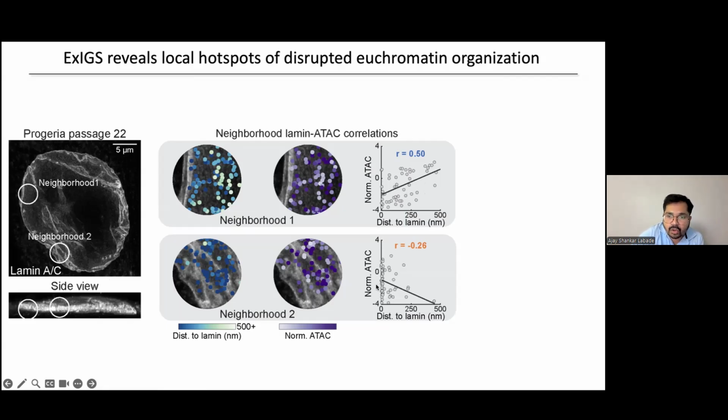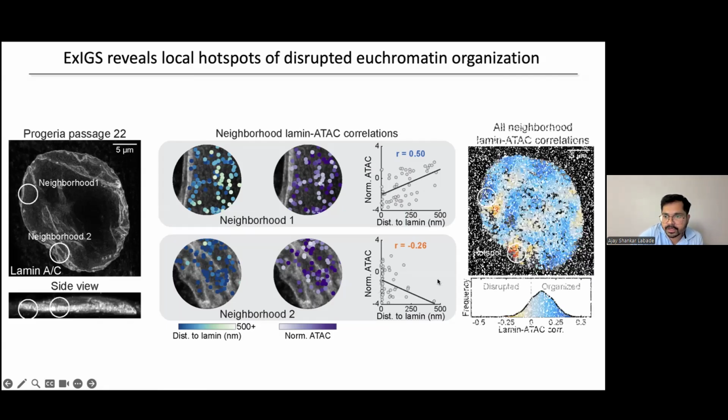That means there is a local disruption of the chromatin, and that is what we call a hotspot, where there are these lamin invaginations or small-scale lamin tubes, nanotubes, which we usually don't see with a normal microscope, but with expansion microscopy we do, and we can now assign chromatin fragments to those and find these hotspots. So we call this a hotspot analysis.